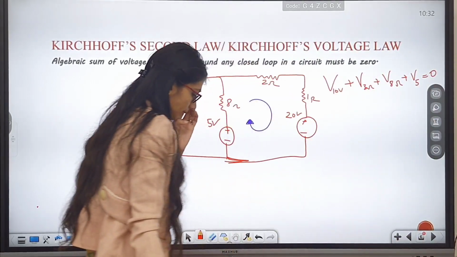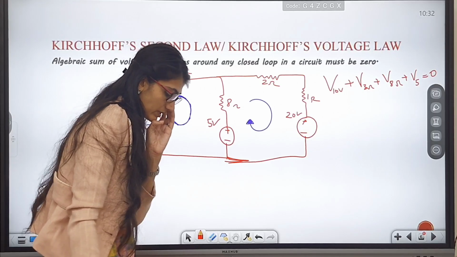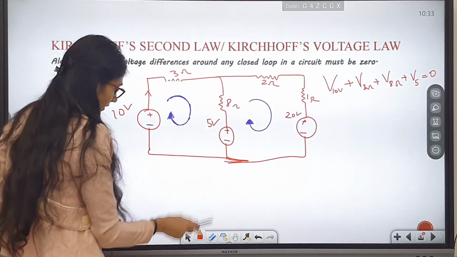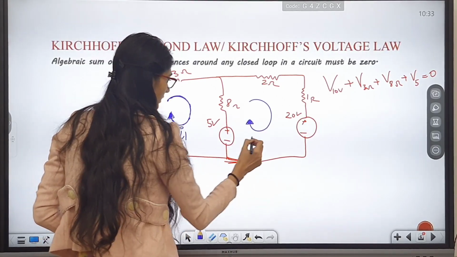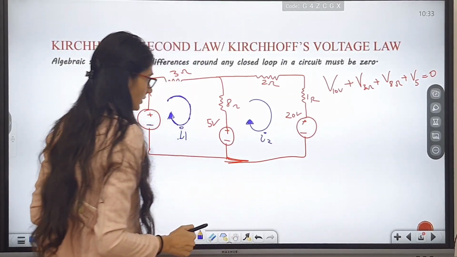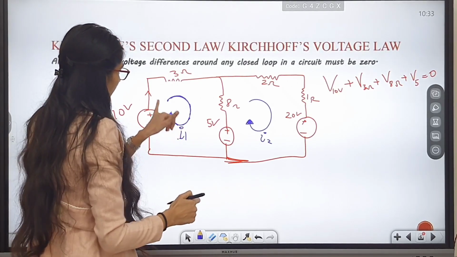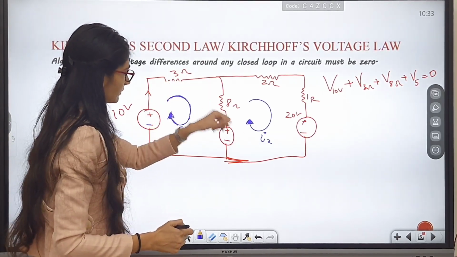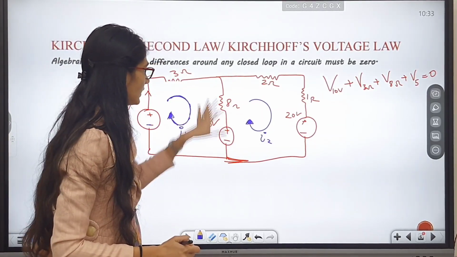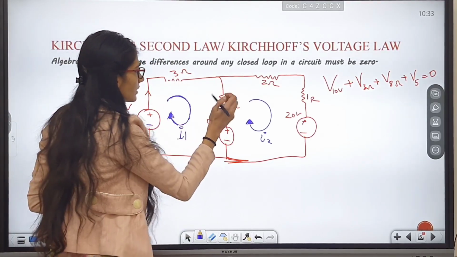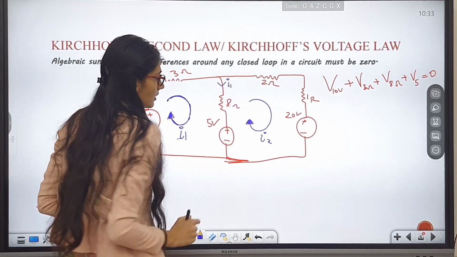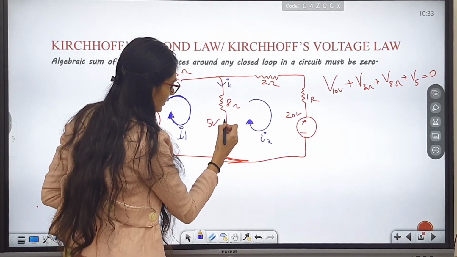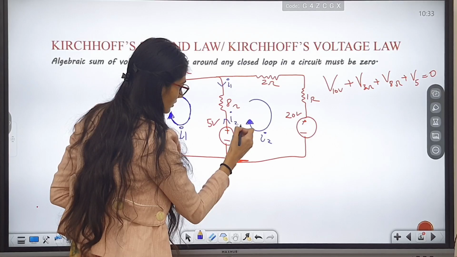This is the overall formula, but you must be aware of the sign convention. Treat this as I1, this is I1, this is I2. The current I1 is flowing in this direction, I2 is flowing in this direction.